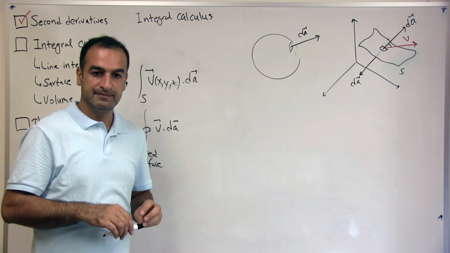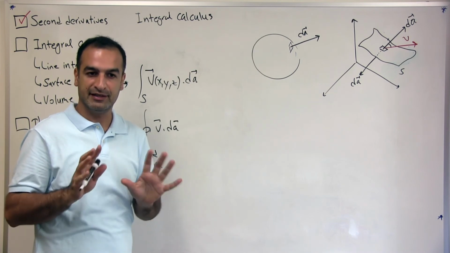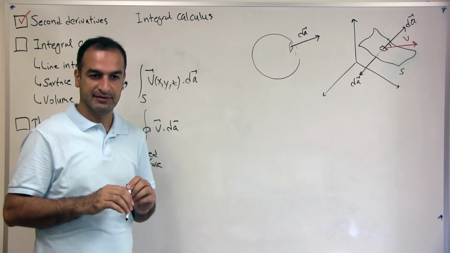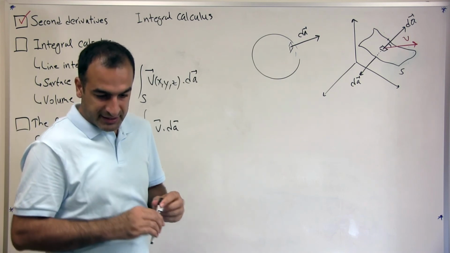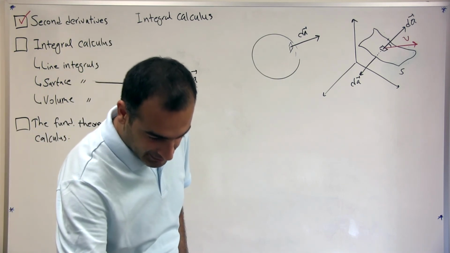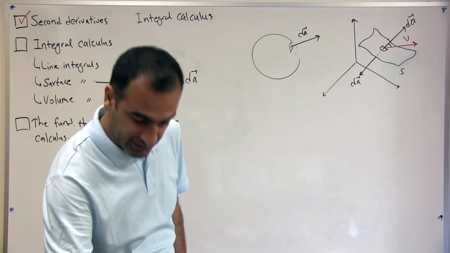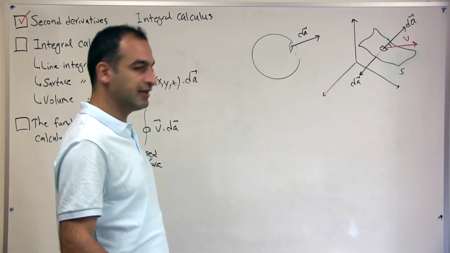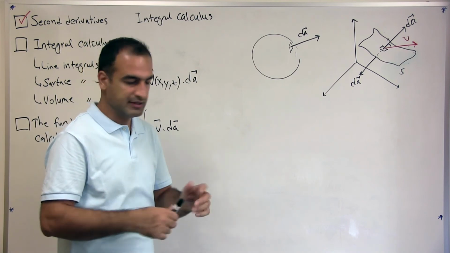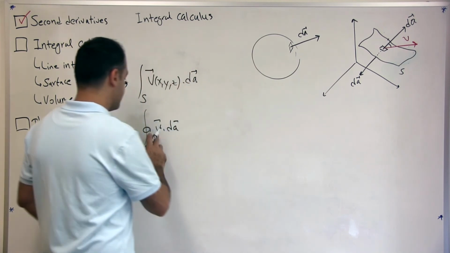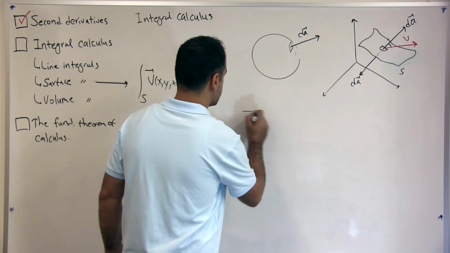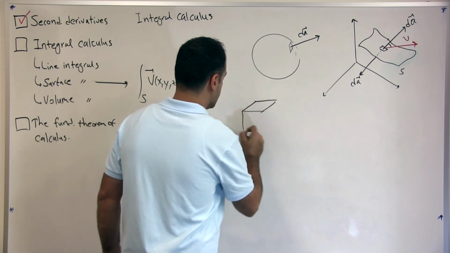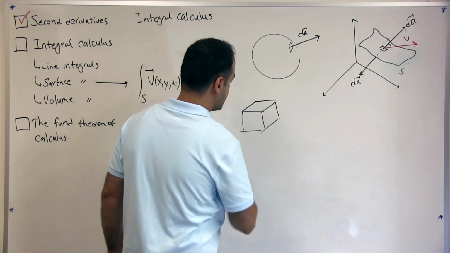Sounds good? Is this clear, more or less? So there's an example for this as well. I don't want to do it on the board here, but I strongly suggest you do it. It's not difficult, but it has multiple components. It's an integral of a vector over the surfaces of a cube.